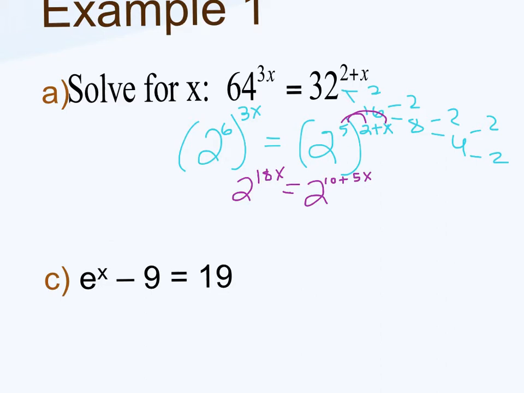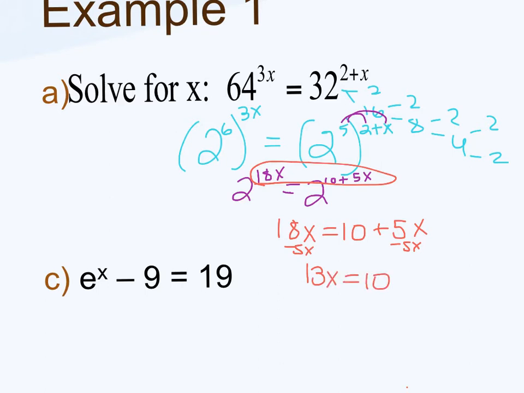Now the bases are the same, so I set the exponents equal to each other. 18x equals 10 plus 5x. Subtract 5x from both sides. 13x equals 10. Divide by 13, and x equals 10 over 13.